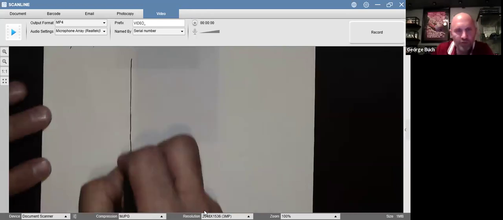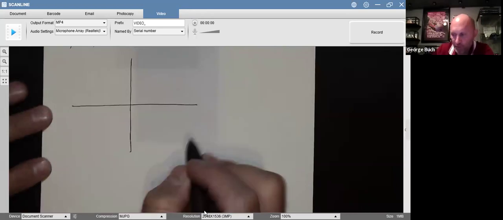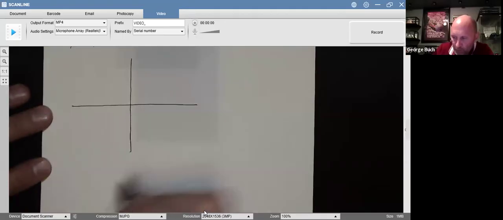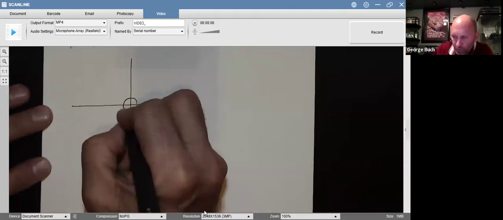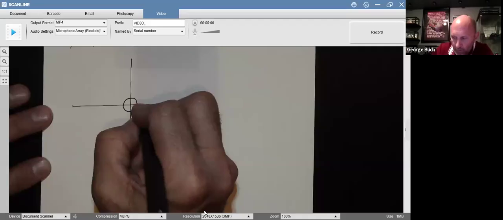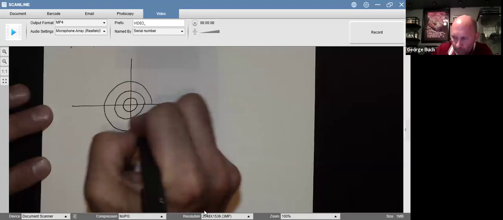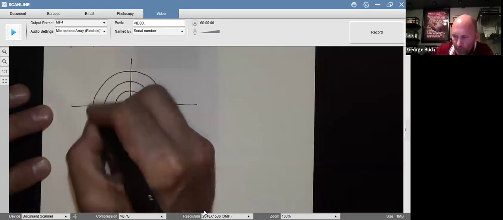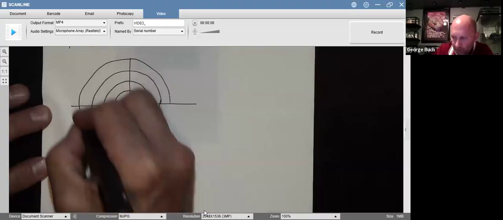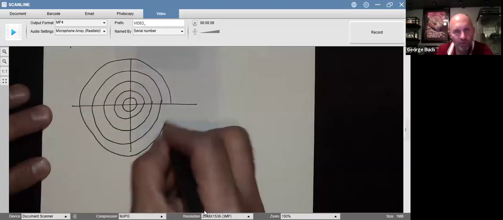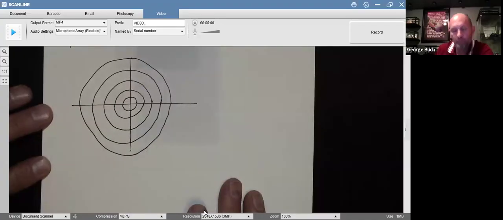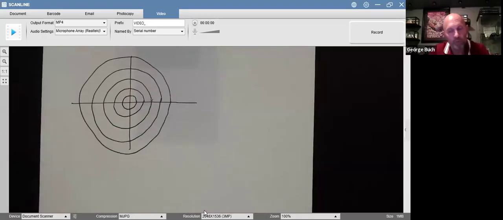So now, instead of all the hash marks, what I have is a bunch of circles with distance radius 1, radius 2, radius 3, radius 4, etc., radius 5. My circles are getting worse, so I'll stop there. But that's what a polar coordinate system looks like. It's a bunch of circles that keep getting bigger by units of 1.